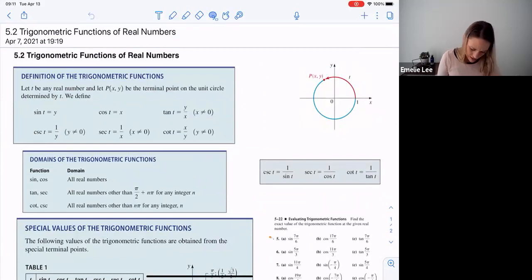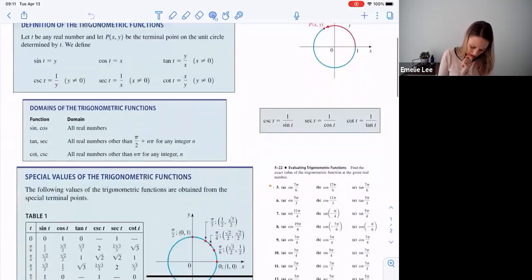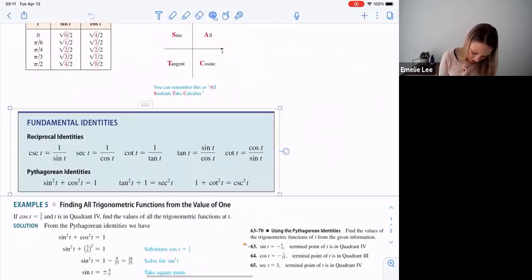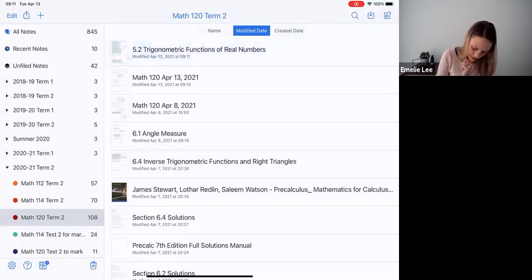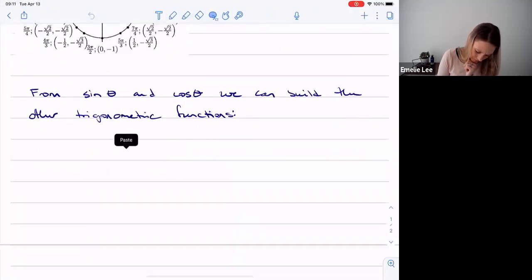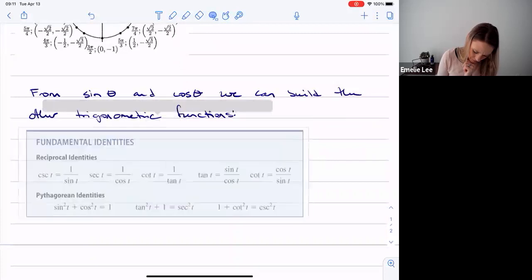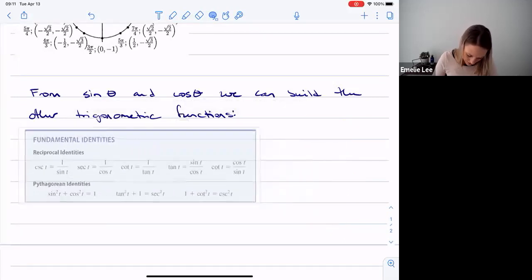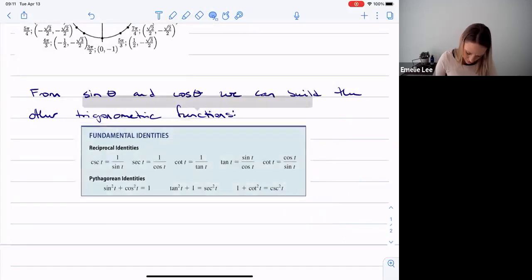Now let me see here if I want to, maybe I'll bring in, yeah, I'll bring in this one instead, the fundamental identities. Okay. So, make a little bit of room here so we can write about it.